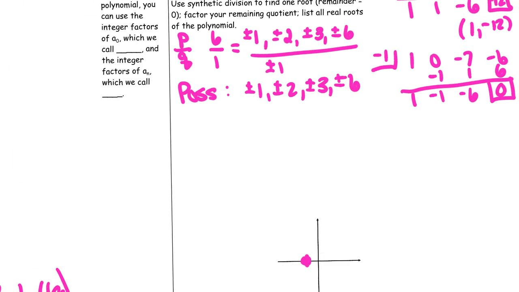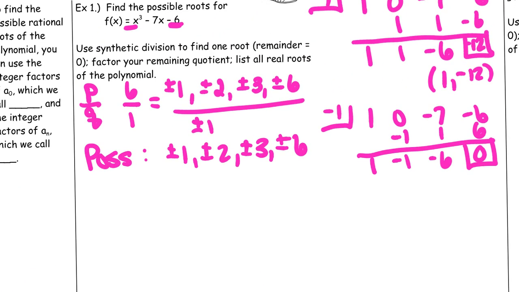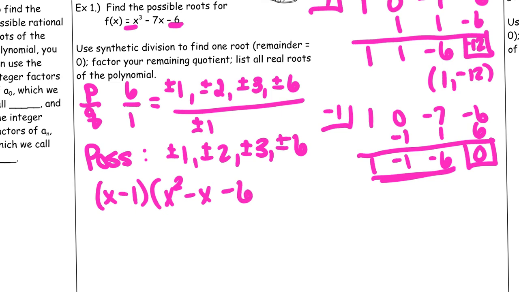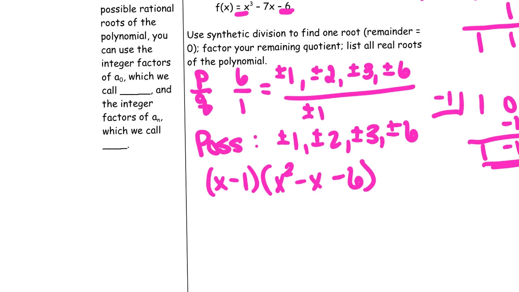So let's be clear what we have so far. We have x minus 1 times, and this is going to become squared, right? We went from a degree of 3, so now we divided by a degree of 1, so it'll take it down a degree. So it's x squared minus x minus 6. And if we were to multiply that back, we would get x cubed minus 7x minus 6, where we started.